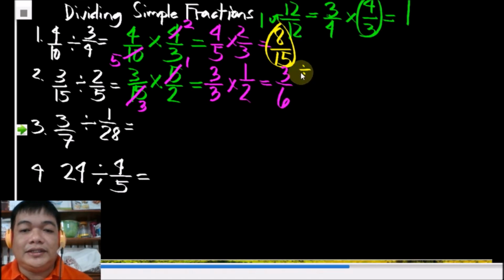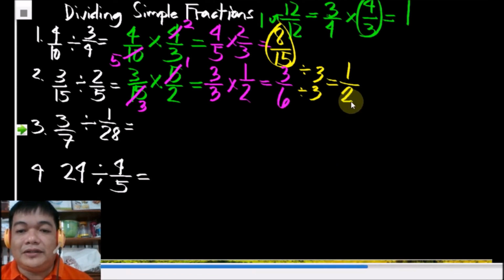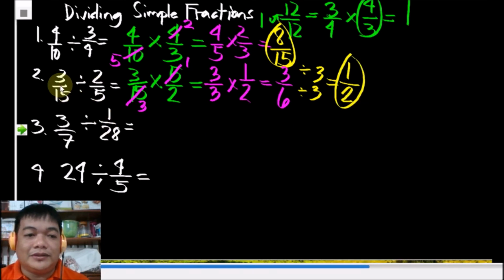So 3/6 is not yet in lowest term, because there is again a common factor between the numerator and denominator. You divide by 3: 3 divided by 3 is equal to 1, then 6 divided by 3 is equal to 2. So the answer is 1/2. So 3/15 divided by 2/5 is 1/2.